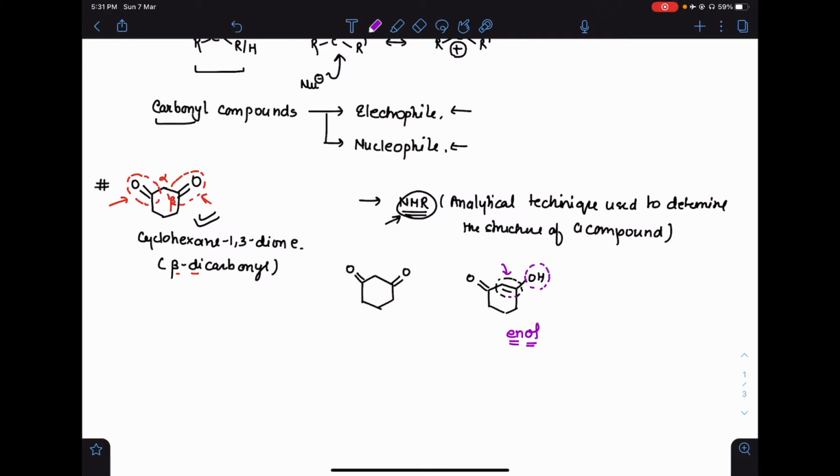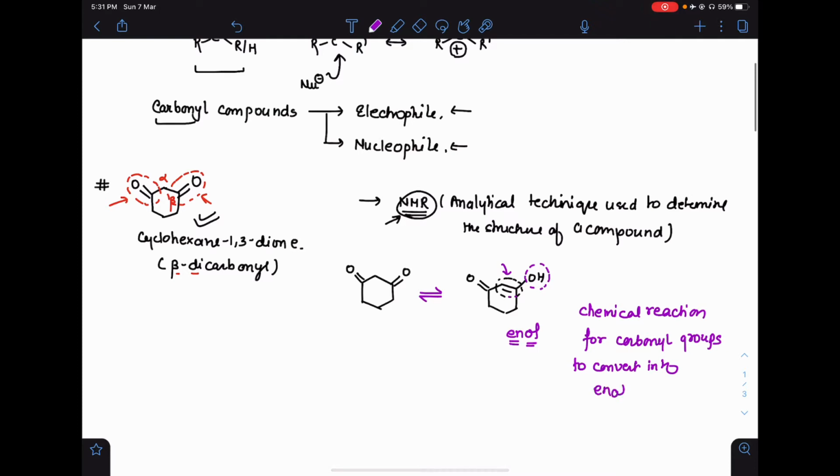The thing is that this carbonyl compound has the tendency to interconvert to this enol form. This chemical reaction for carbonyl groups to convert into enol is called enolization.